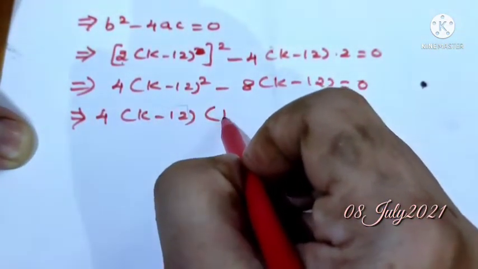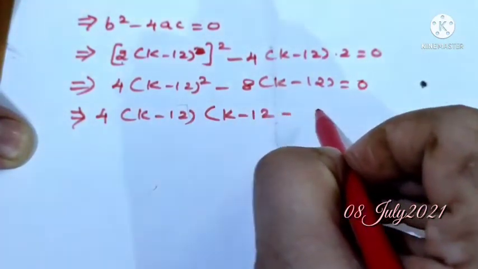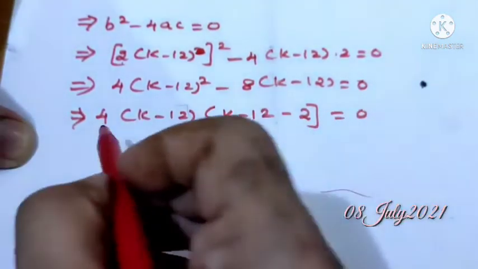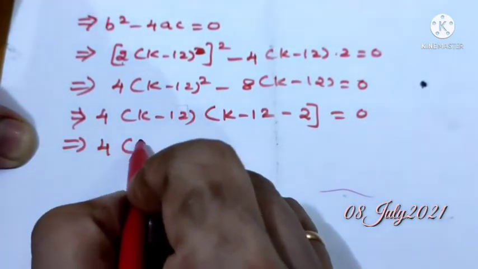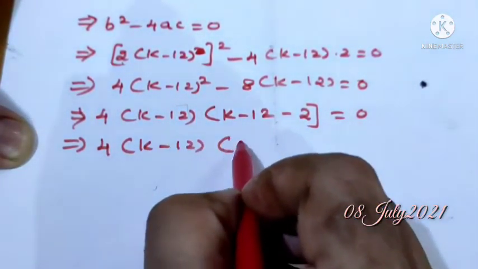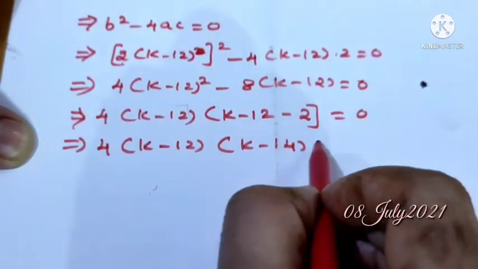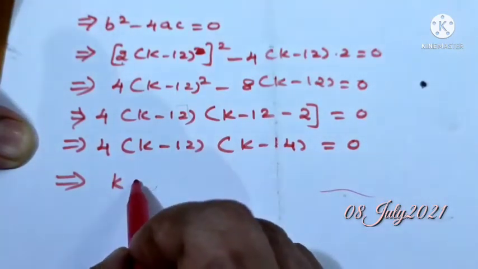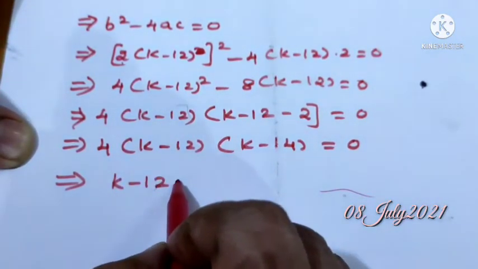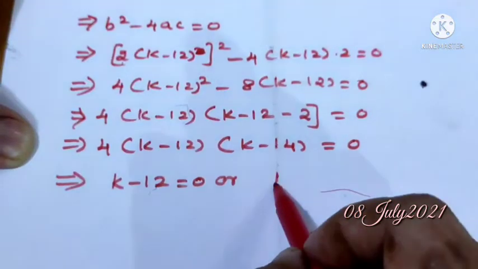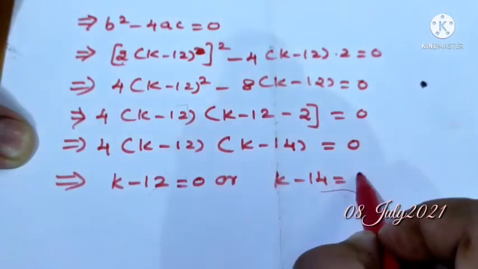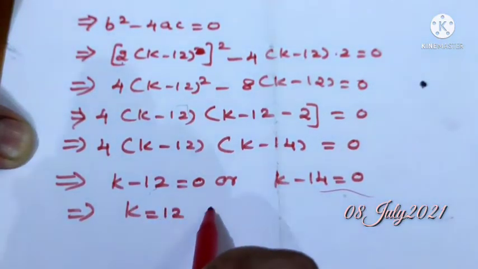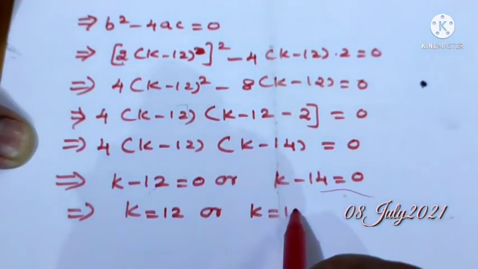What is remaining? k minus 12 minus 4, I have taken, so 2 only is there. 4 into (k minus 12) into (k minus 14) equal to 0. This implies k minus 12 equal to 0 or k minus 14 equal to 0, implies k equal to 12 or k equal to 14.